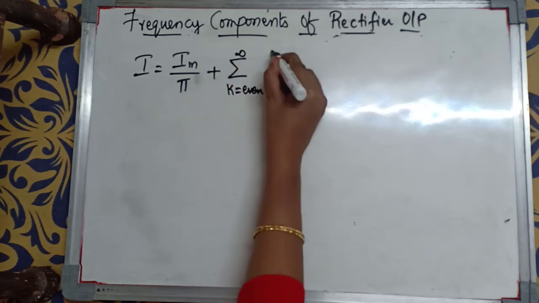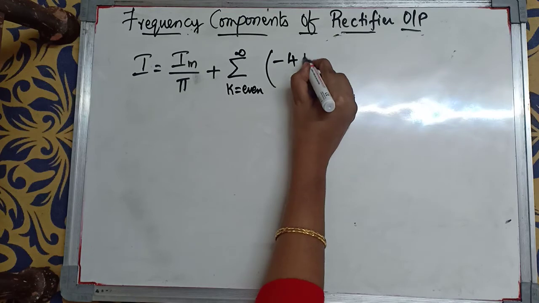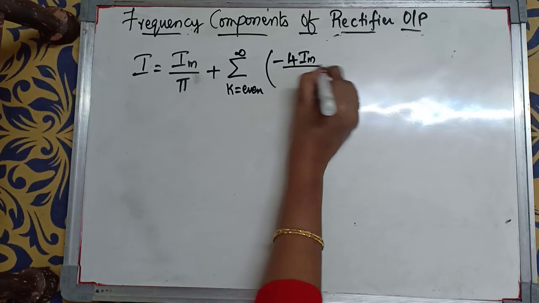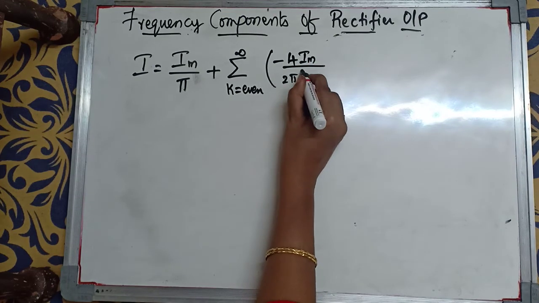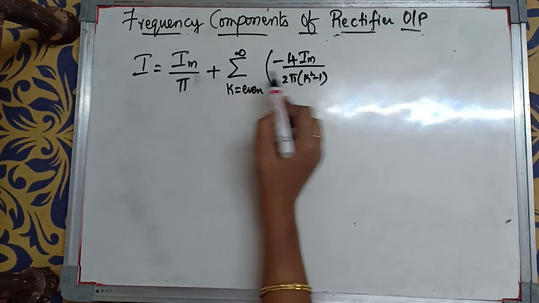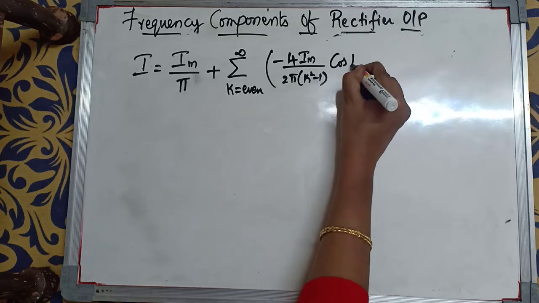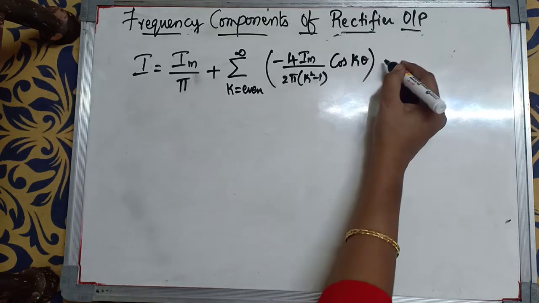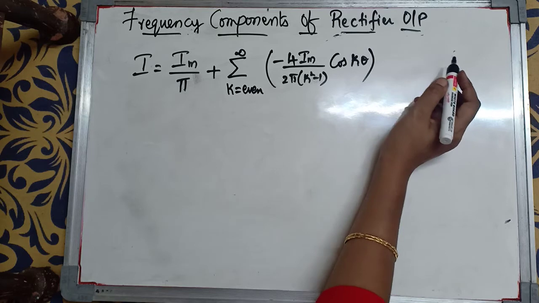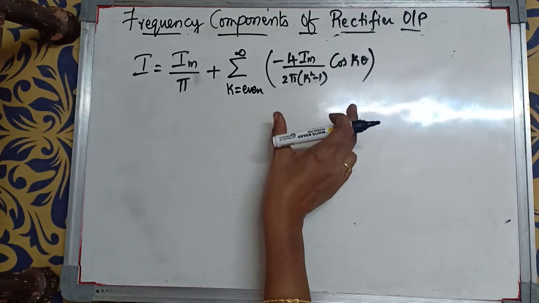We got the value of ak as minus 4Im by pi into k square minus 1. We have a0 plus ak cos k theta plus bk, which is 0 for all the values of k. So therefore we will get only a0 plus ak.